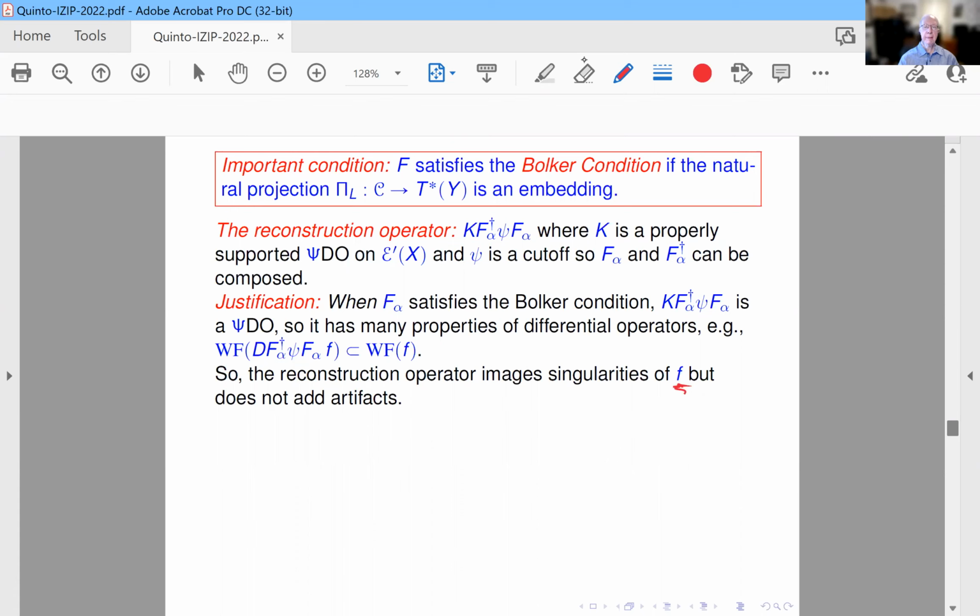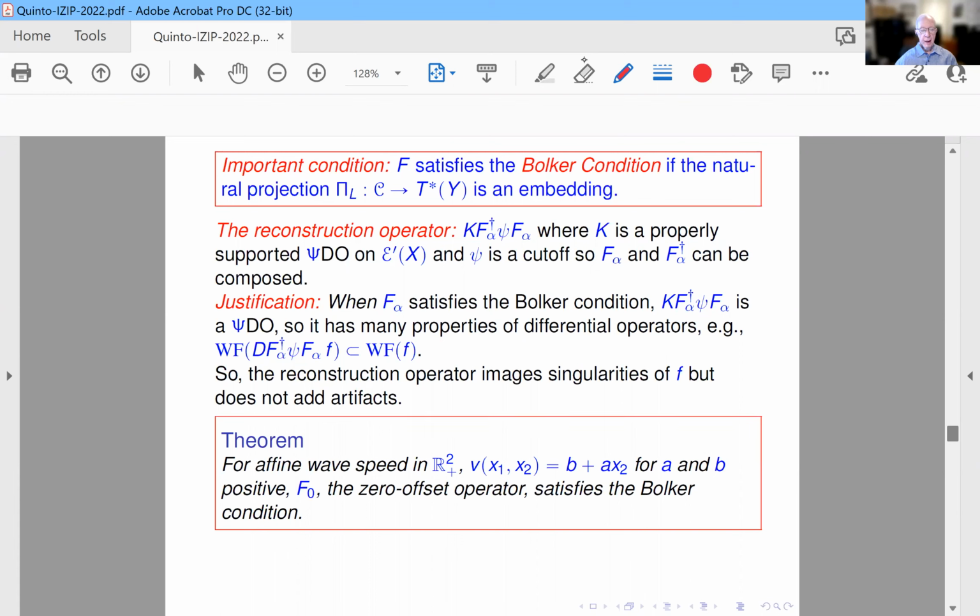You know, in many problems when Volcker doesn't hold, you can get artifacts, like in the elliptical transform if the data is both above and below the source curve, or the source line.